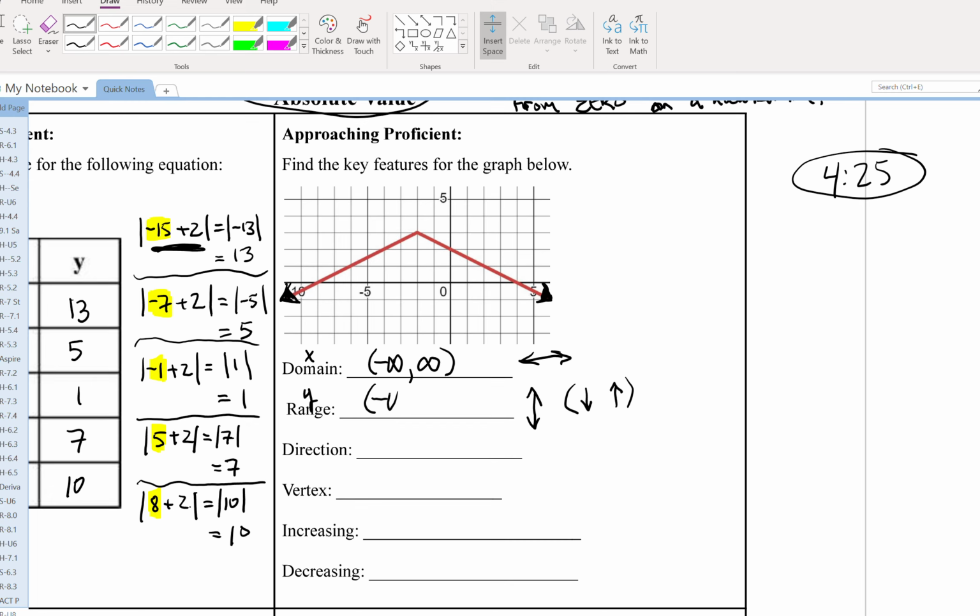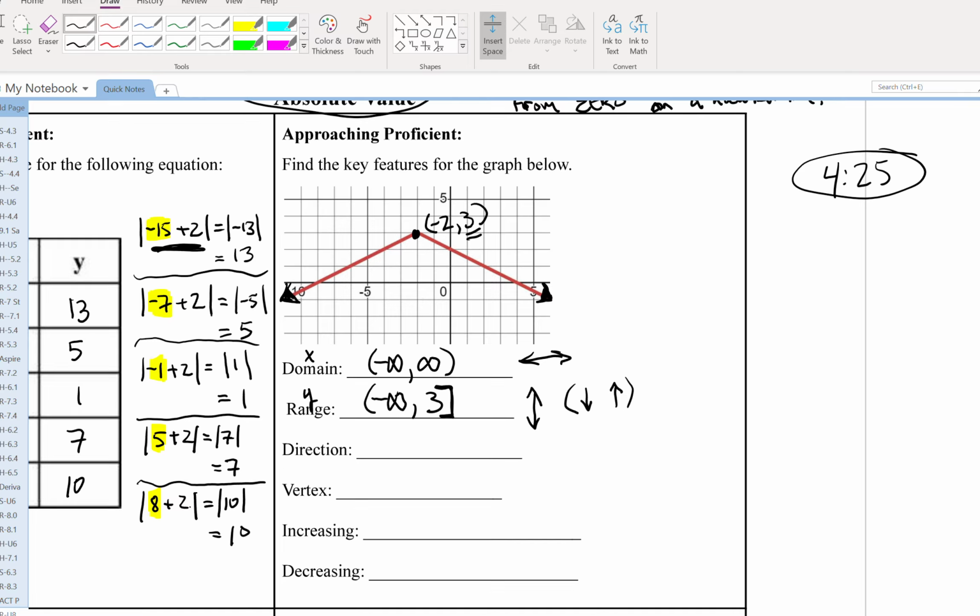It goes all the way down towards negative infinity. But it does have a highest point, and that is where y equals 3. It does touch 3. This point has coordinates of -2, 3, and that means 3 is included. So we use a bracket at 3.